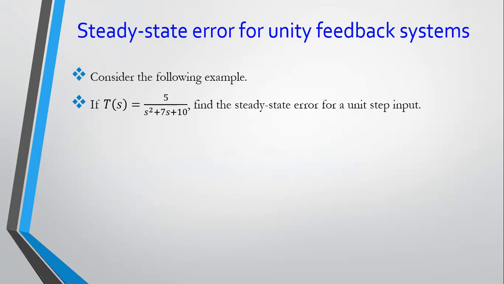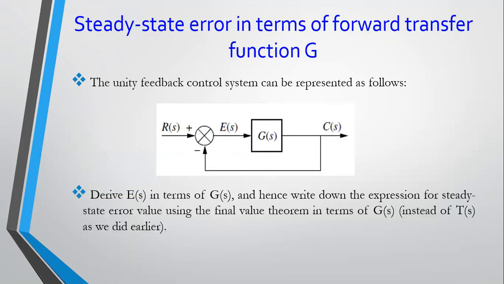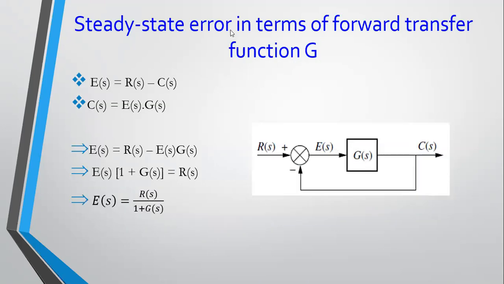But more common in this chapter is when you're given a system of this format, where it's not given in closed form. You're given your plant here, you have R and C, and naturally in this configuration you would have E(s). You don't need to add anything further. So we can easily derive an expression for E(s) similarly. E is always equal to R minus C, like we said.